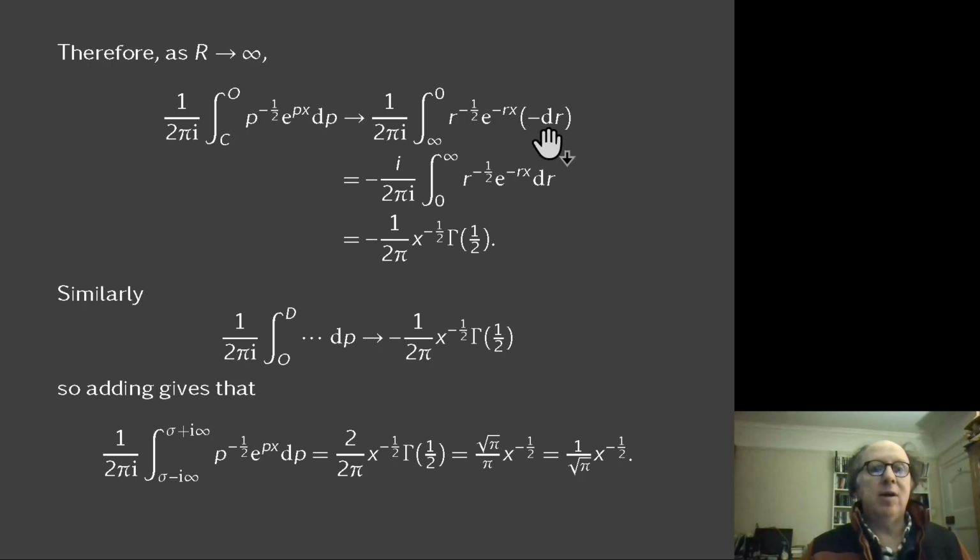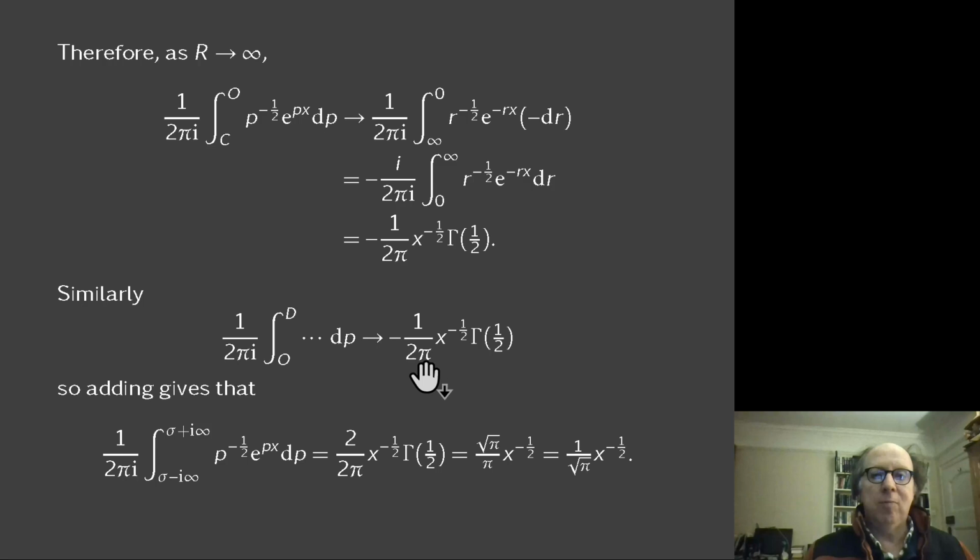Then you have minus dr, that's dp is equal to minus dr. Now you swap the limits, and that gives you the integral of r to the minus a half e to the minus rx dr from 0 to infinity, and that's minus 1 over 2 pi x to the minus half gamma of a half.